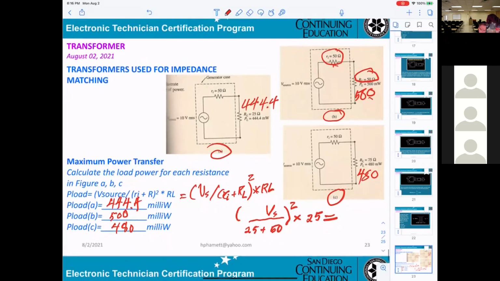Hey, Mr. Pham? Yeah. It's not that big of a deal, but one thing that made your formula a little confusing is when you put the square term on, you needed one more parenthesis. Because you got Ri plus RL closed, and then you square it, but you got a parenthesis on the front.